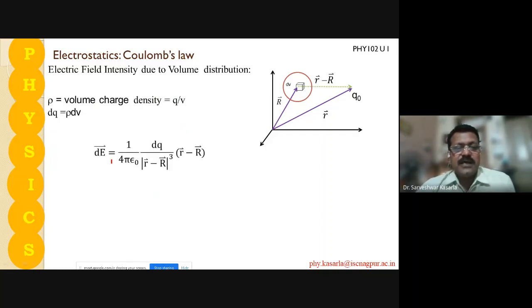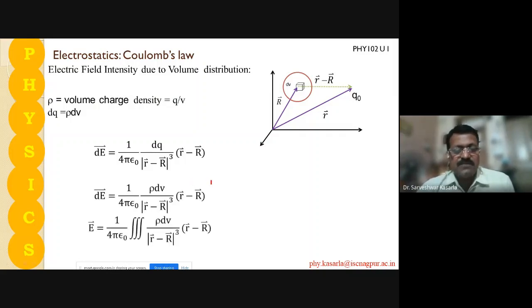If you replace dq by rho into dv and integrate, here we use the triple integration, because dv means dx dy dz, so there is a volume integration.